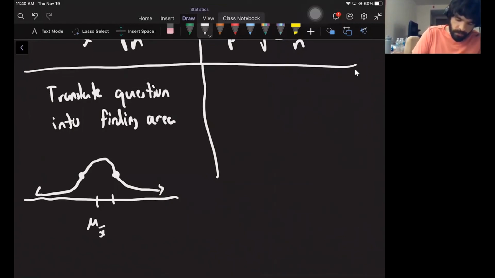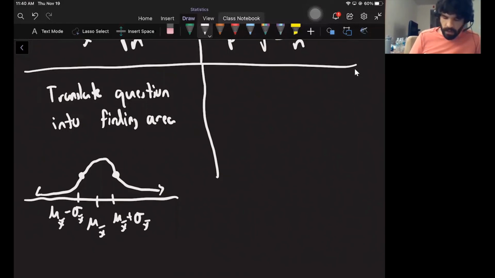We also know the standard deviation, so we can find these inflection points. And then the same thing happens over here, but it's a different normal distribution, but we're still just finding area, just a different one.